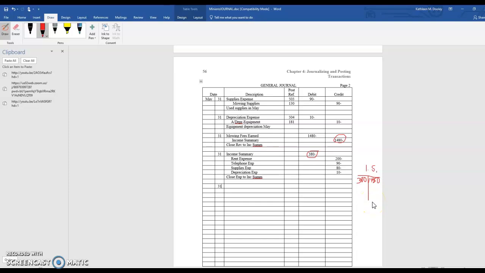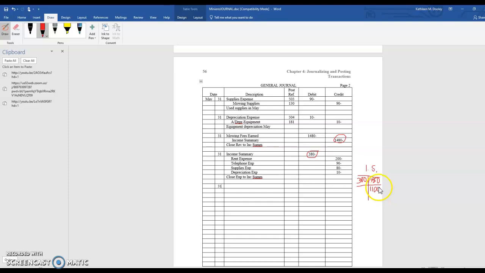Okay, so now we want to close out income summary. So we have to know, well, what is the balance of income summary, and is it a debit or a credit? Okay, so we have to find the balance, and just like we know with T accounts, your big number minus your small number, put it on the side of the big number.